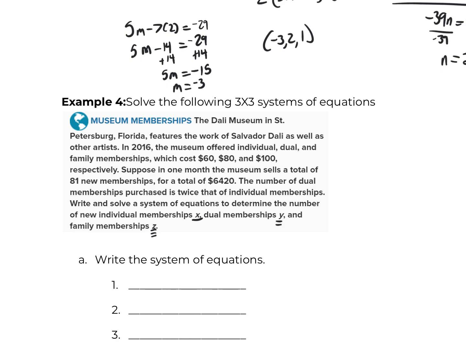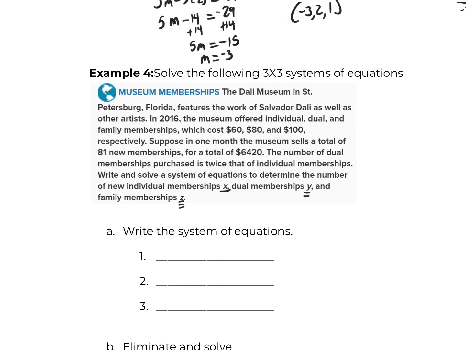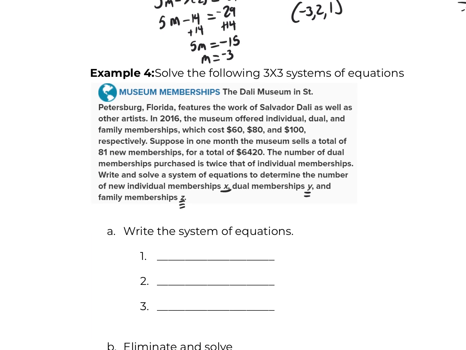Museum sells a total of 81 new memberships a month, and they made $6,420 that month. The number of dual memberships purchased is twice that of individual memberships. So we're going to write and solve a system of equations to determine the number of new individual memberships, dual memberships, and family memberships. Okay?